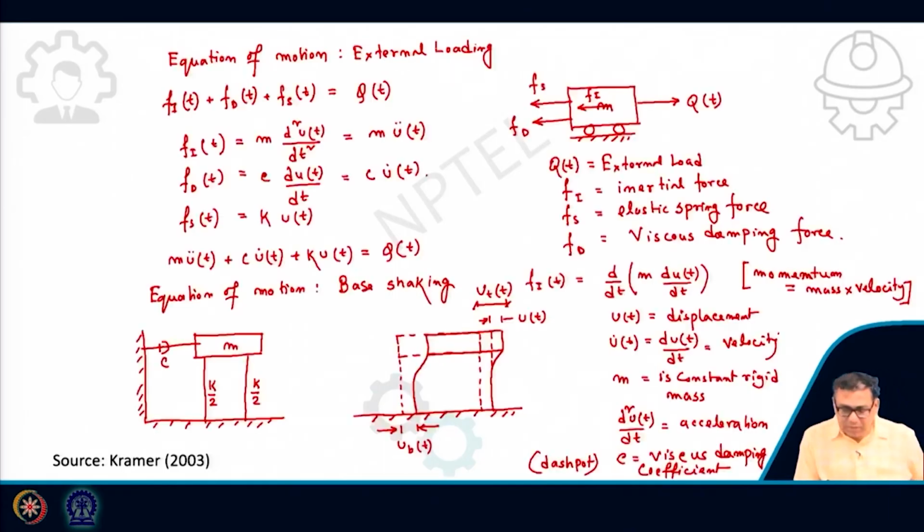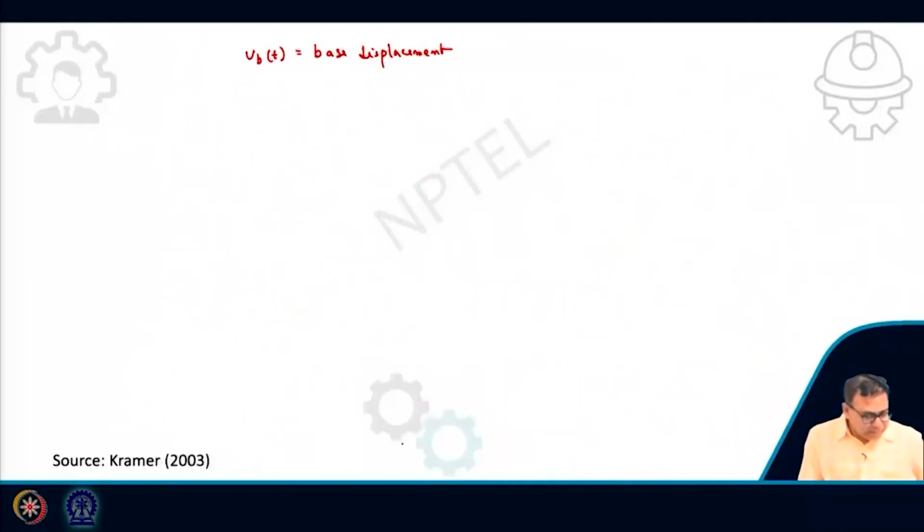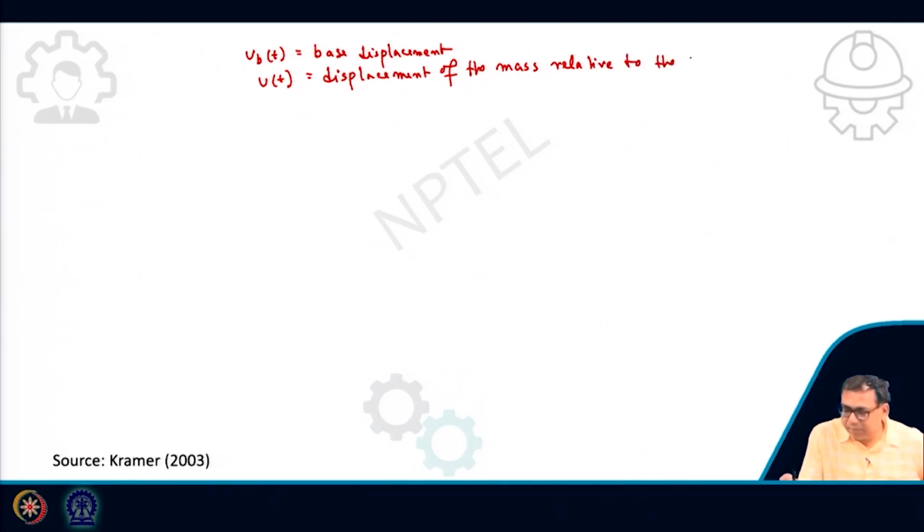When there will be base shaking, this base will displace, so that is the base displacement, and u is the displacement of the mass relative to the base.